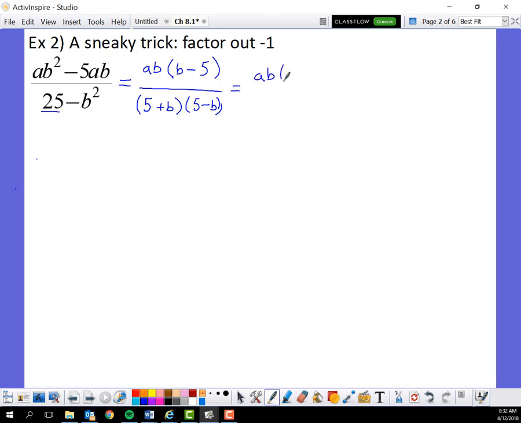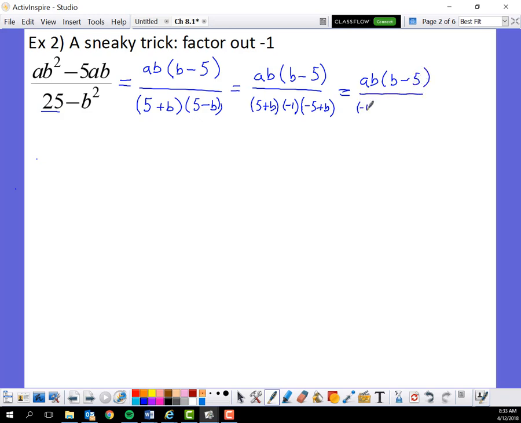We're going to leave the top alone, AB times B minus 5. And we're going to factor out a negative 1 from this second term on the bottom. If I factor out a negative 1, I end up getting negative 5 plus B, if I factor out that negative 1 correctly. And as you can see, we can change the order of negative 5 plus B and rewrite that as B minus 5.